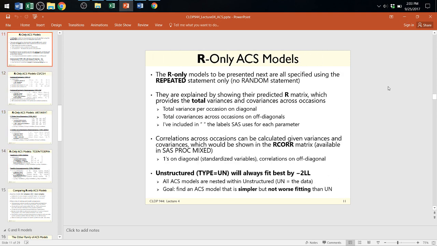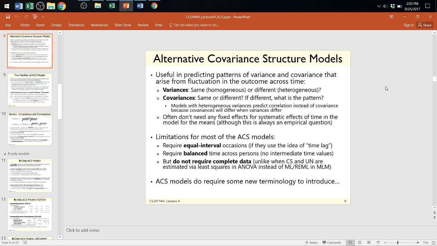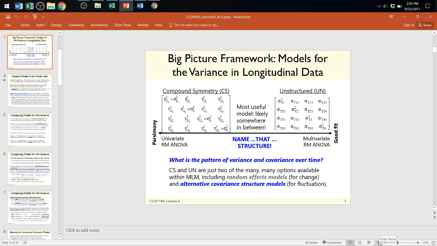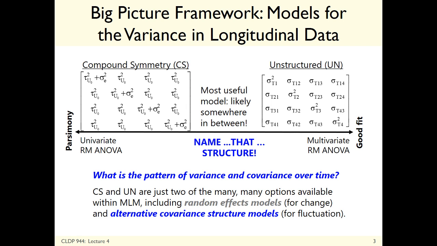If we go back to this picture, so I have compound symmetry on the left. That's the homogeneous version. If I test that against compound symmetry heterogeneous, how many more parameters have I added?